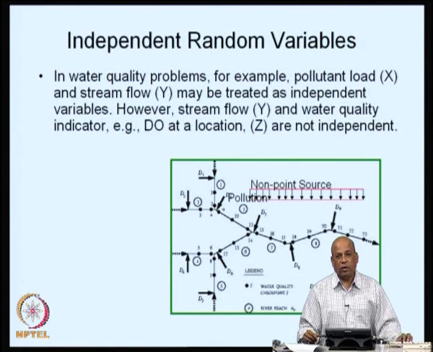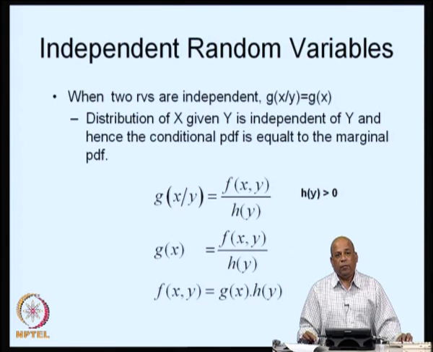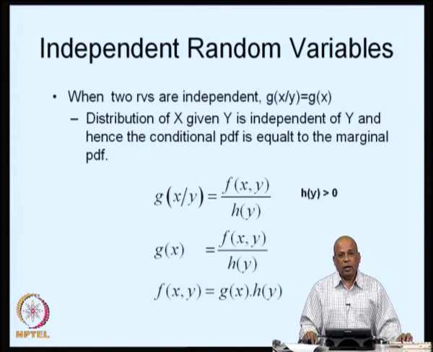So, if you look at the conditional distributions, then conditional density, let us say g of x given y, conditional density of x conditioned on y taking on a certain value y, will be the same as the marginal density of x, because the density of x is not influenced at all by the conditions placed on y if the two random variables are independent. And therefore, we can write the conditional density as equal to the marginal density itself.